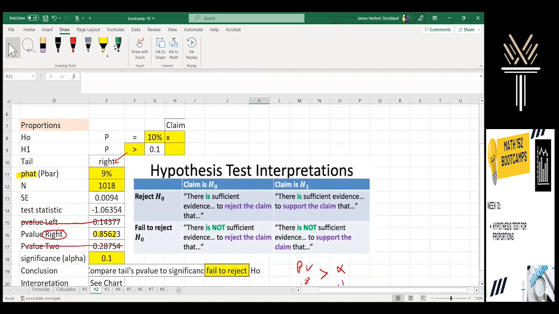Putting it together, our claim was the null hypothesis. We failed to reject. So this is your sentence.